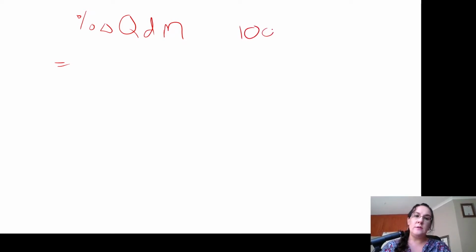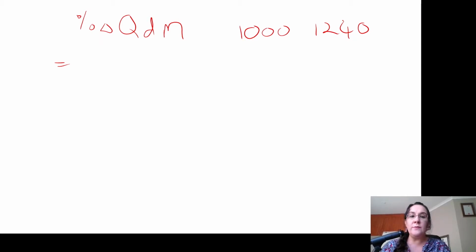Let's work out the percentage change in the quantity demanded for margarine. How are we going to do this again? As we always do when we want to work out a percentage change, I'm going to take the difference. It went from 1,000 to 1,240.